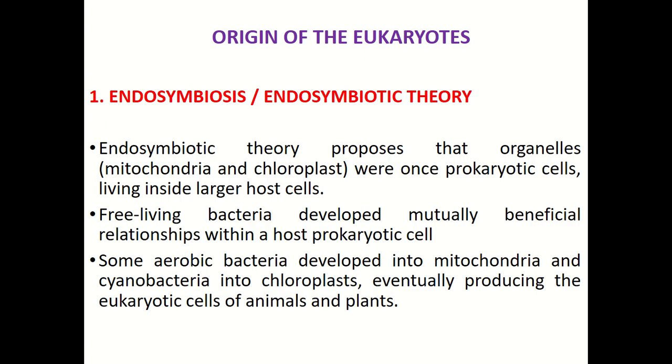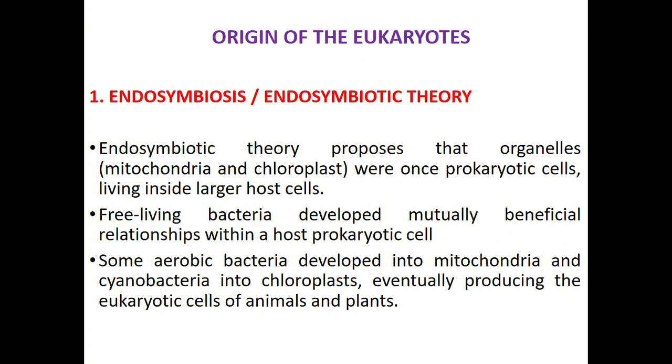For the endosymbiotic theory, we have learned about this before. It is a theory that proposes that organelles such as mitochondria and chloroplast were once prokaryotic cells living inside a larger host cell, in which the larger host cell engulfed the mitochondria and chloroplast, and then they lived together in a mutually beneficial relationship.